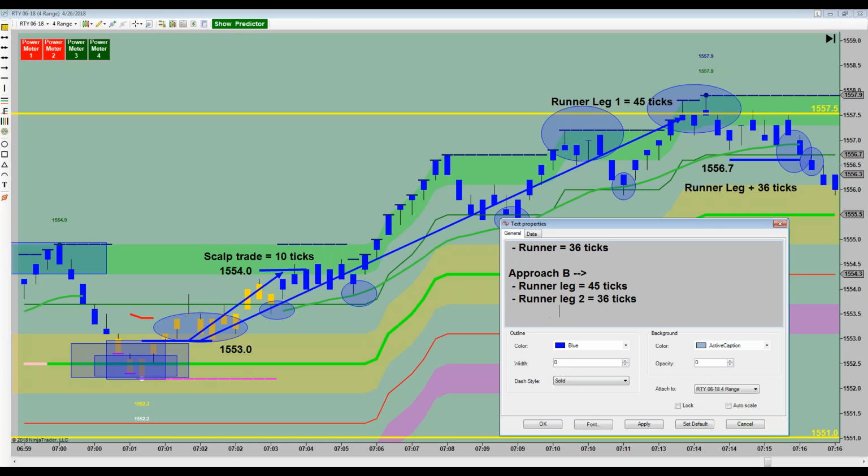So how much was approach B worth in terms of dollars? Anybody? How much was approach B worth in terms of dollars? Well, that's a total of 81 ticks.